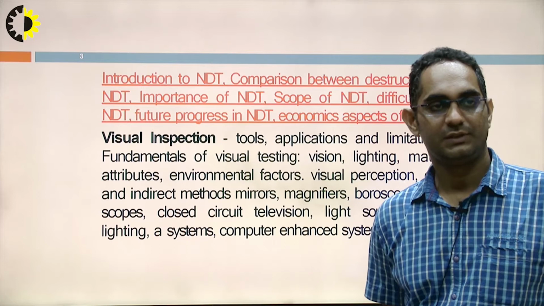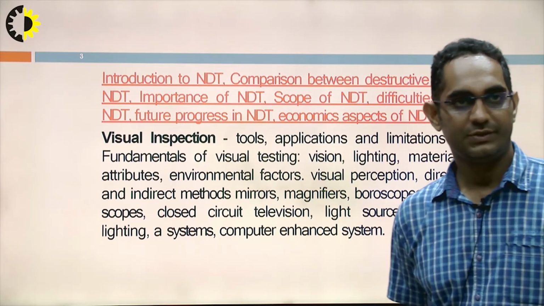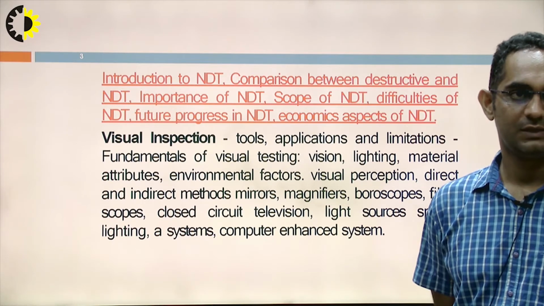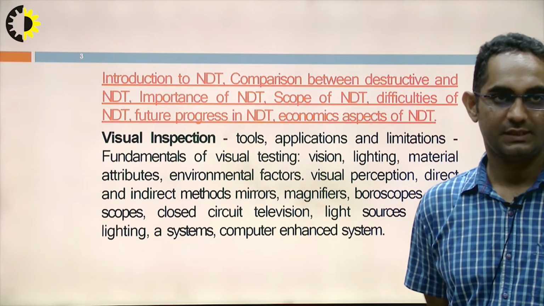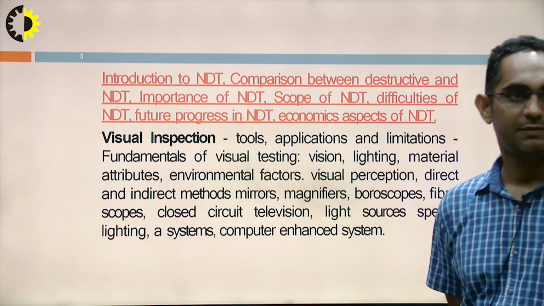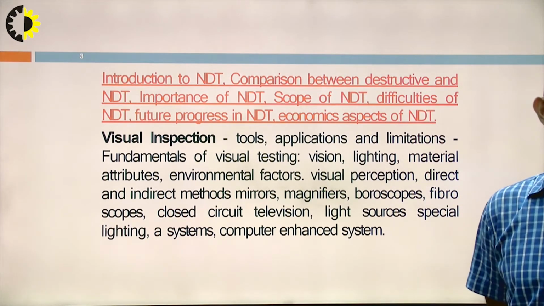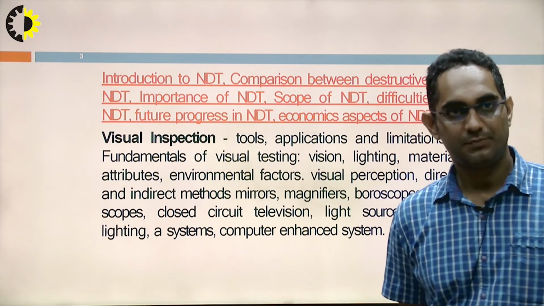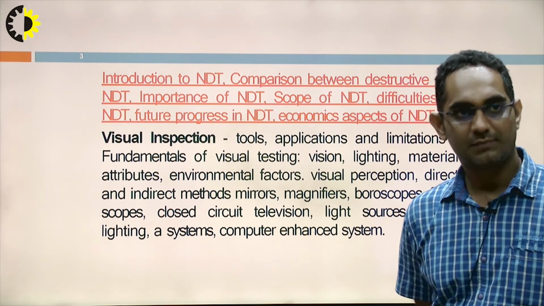Visual inspection covers tools, applications and limitations. Then the fundamentals of visual testing: vision, lighting, material attributes, environmental factors, visual perception, and direct and indirect methods.